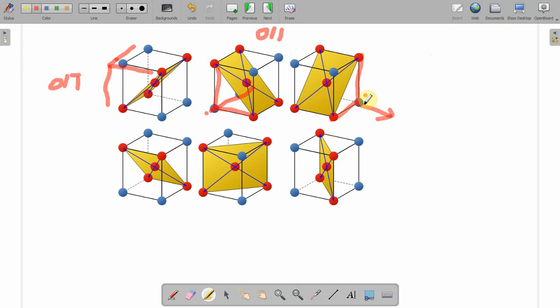So, it is parallel to y, and axis direction is unchanged. So, it is 1, and it is parallel to the y direction anyway. So, it is 0 and it is cutting y. So, it is 1 0 1.